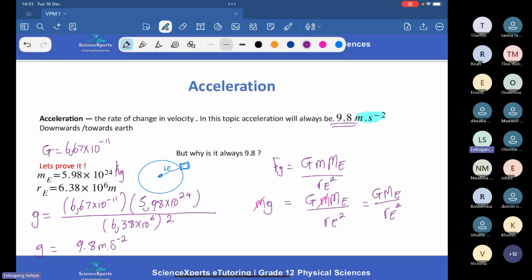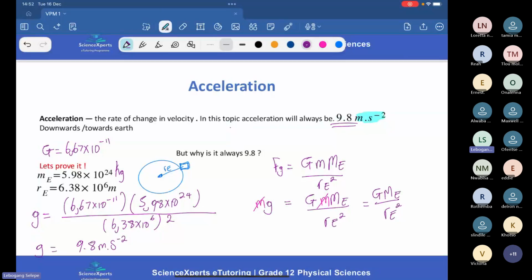For any object on the surface of Earth or near the surface of Earth, it will always be 9,8. But this is only when the net force is the force of gravity, right? Because if there's any other force acting on the object, then our net force is not gravity, right?